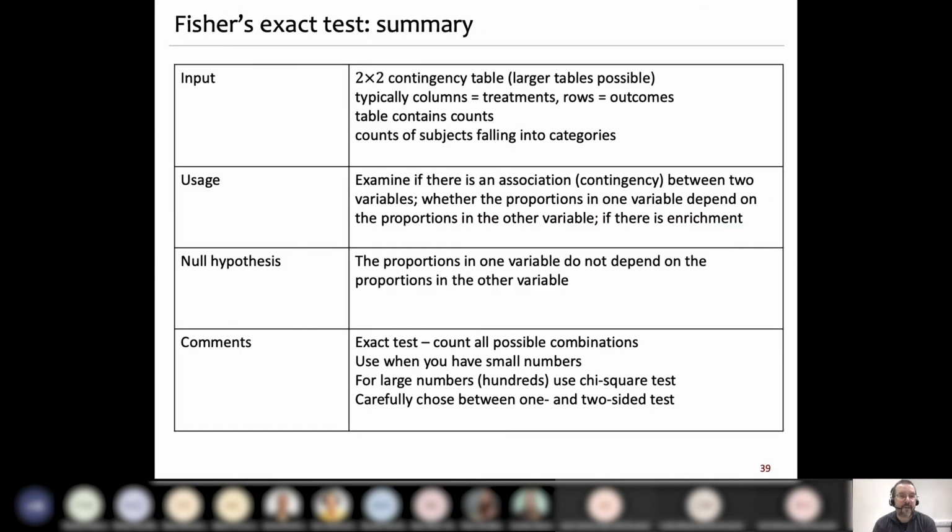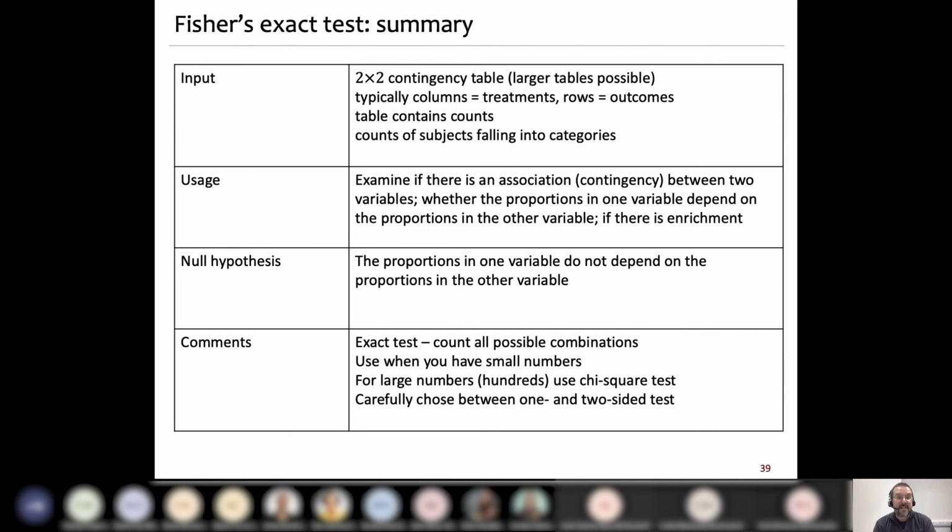This is the summary of Fisher's exact test. The input for the test is a 2x2 contingency table. Actually, larger tables are also possible, but we focus on 2x2 tables. Typically, columns are your treatments, your conditions, and rows are outcomes of the experiment. The table contains counts, that's important, counts of subjects falling into categories.